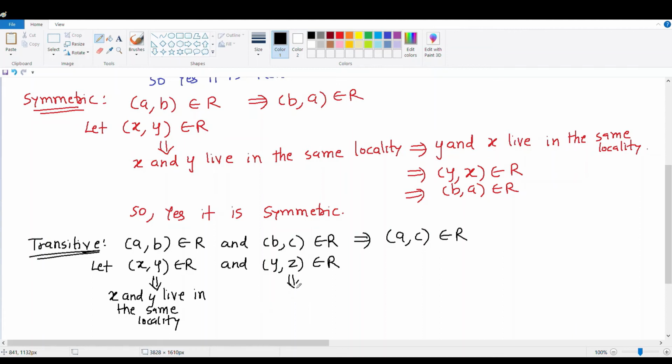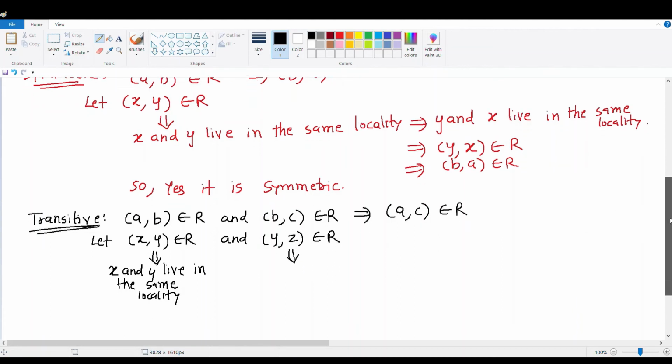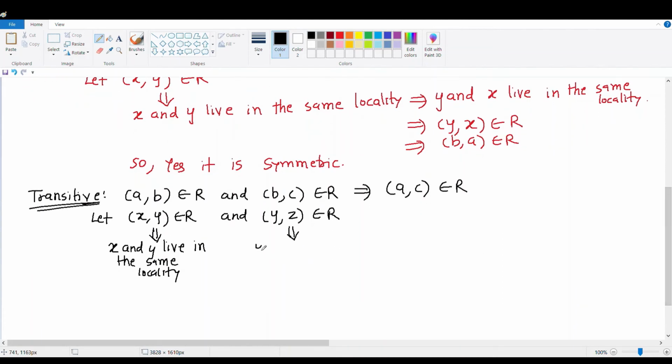And if Y, Z is in R, that implies that Y and Z live in the same locality. So if X and Y live in the same locality and Y and Z live in the same locality, means X and Z live in the same locality, right?